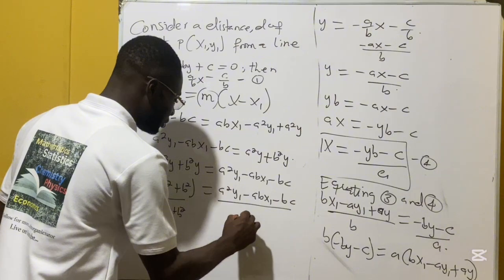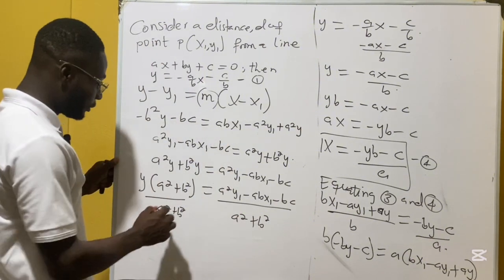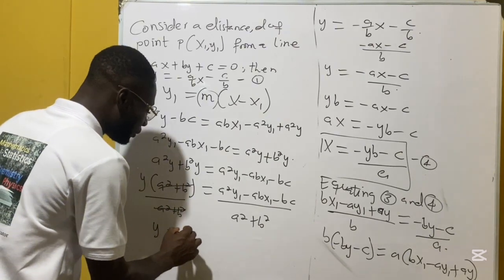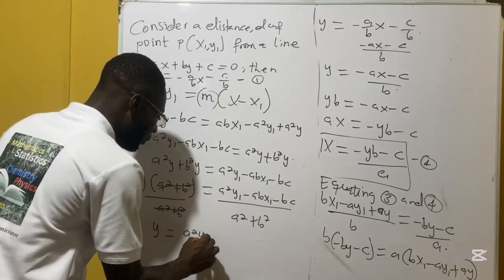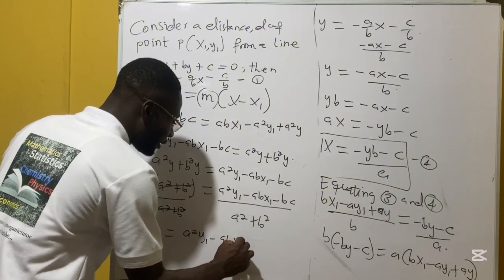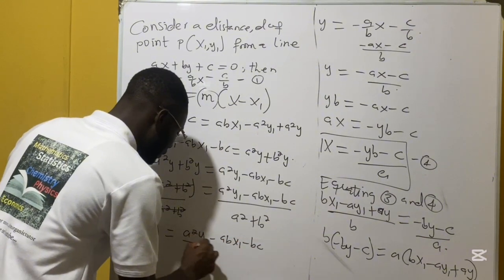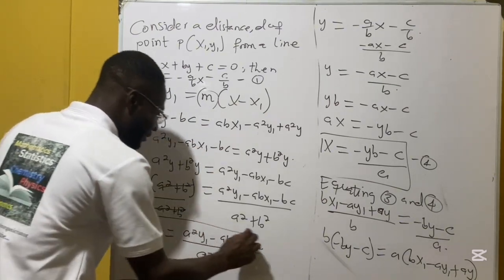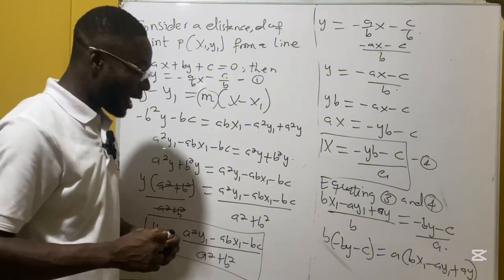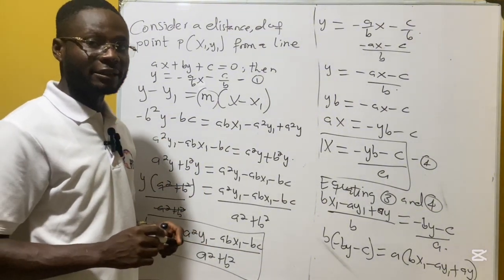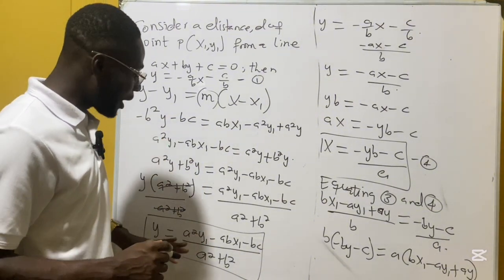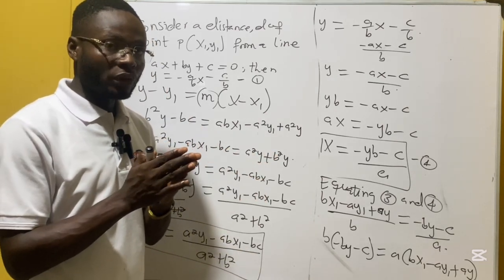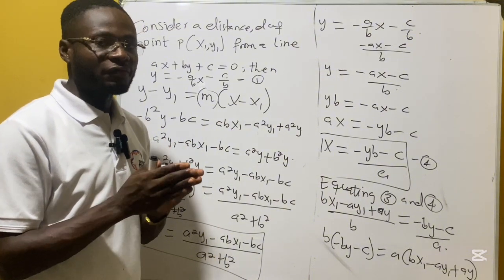This takes off this, and then y is equal to a squared y1 minus abx1 minus bc all over a squared plus b squared. And this is the y coordinate of D. Okay, so now we have the y coordinate of D, and then we have the x coordinate of D. When we combine these coordinates, we have the coordinate of D.